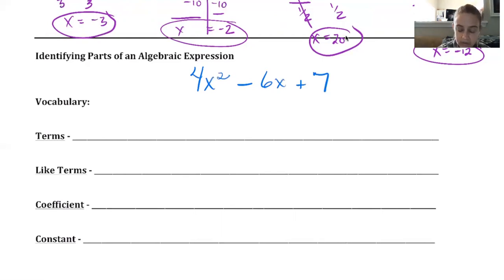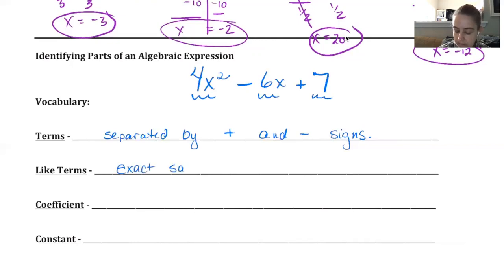The terms, each of these are the terms. The terms are separated by addition and subtraction signs. Your like terms have the exact same variable and same exponent.